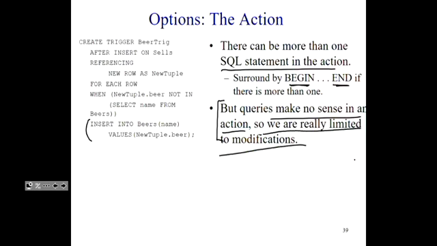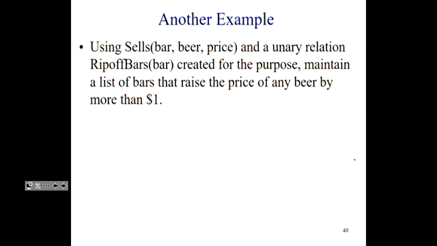So let's consider a couple of examples here. The first example is, given the sells relation, I'm trying to maintain a list of bars that raise the price of any beer by more than $1. Okay, so if there is a change of a price of a beer by more than $1, I want to record that and I want to store that in ripoff bars.